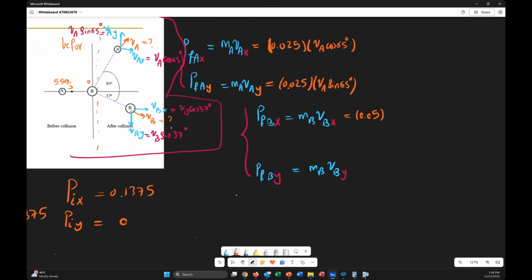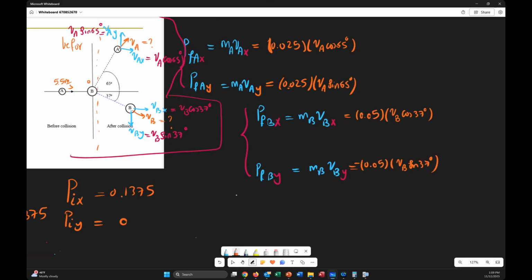Good. What is the velocity of B in x-axis? It is going to be positive, yes, because again it's still going in the right direction. VB cosine 37 degree equal. What is the mass of B again? Times VB sine 37. Perfect. Why negative? Because it moved downward. So I put this negative here.